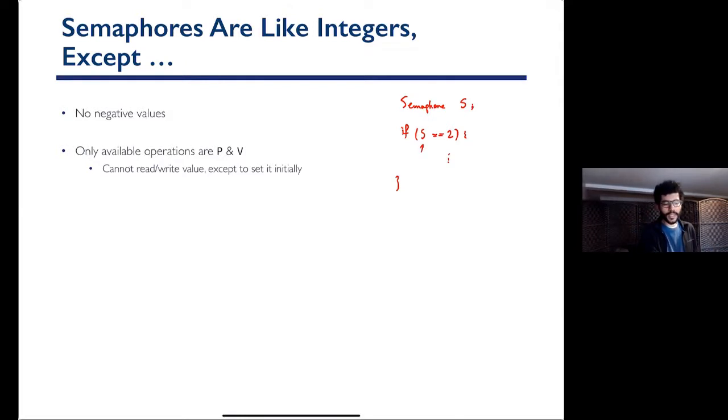All you can do with S is to call P or V on it. That's all you can do. So you can initialize them. Let's say you can initialize your value with 0 or 1 or 2 or whatever. So the initialization is allowed, but after that you can only call P and V on it.